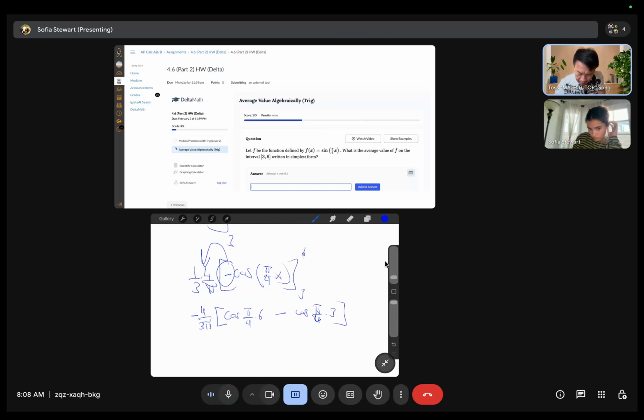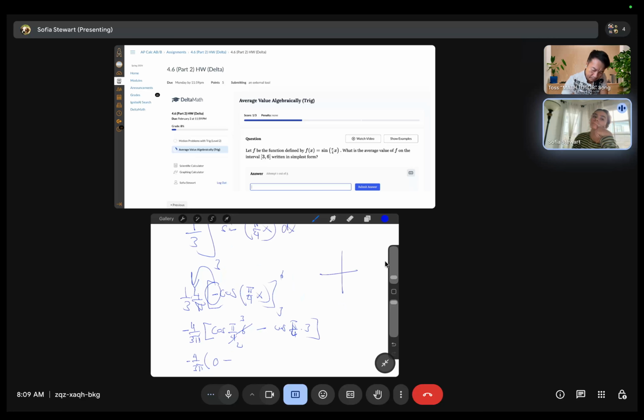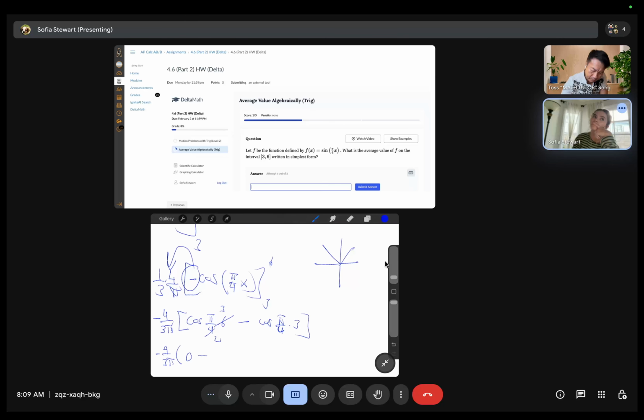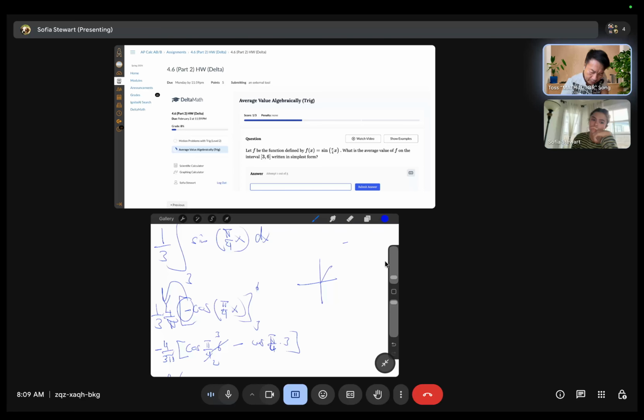Okay. What is cosine of 3/2 pi? Is that 0? Yeah, 0. Minus, what is cosine of 3/4 pi? Negative root 2 over 2.